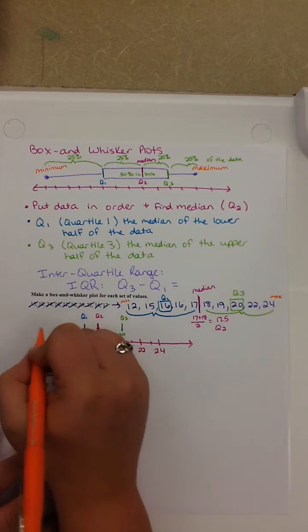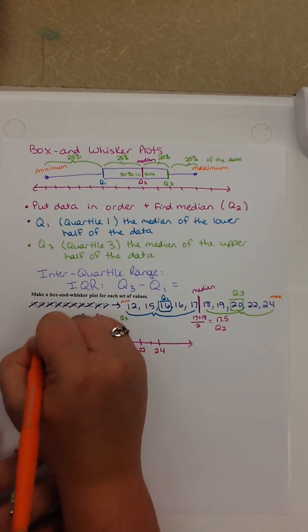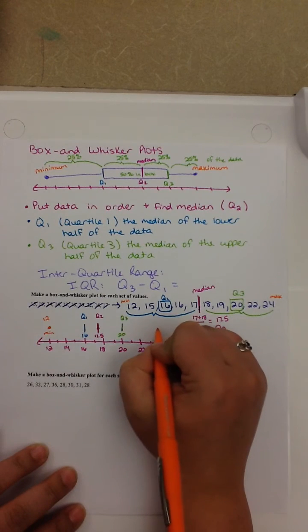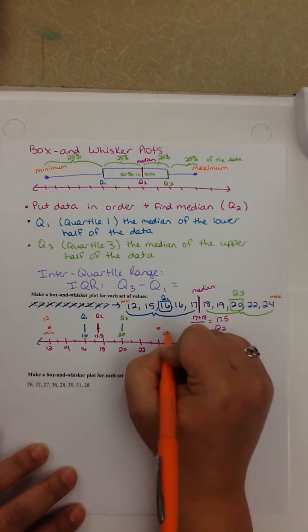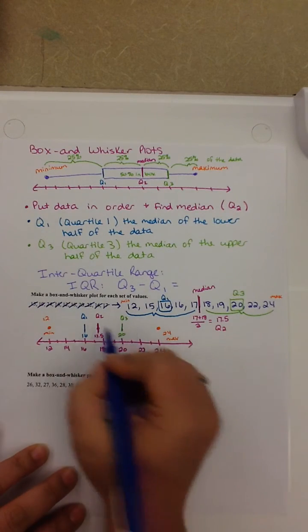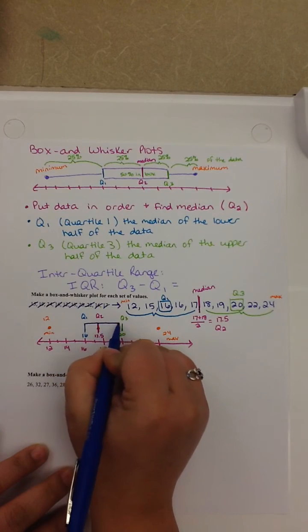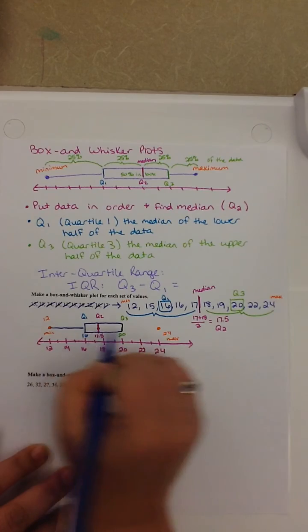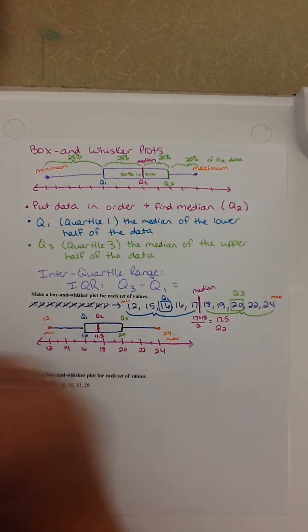And then out here at 12, I have the minimum. And at 24, I have the maximum. Okay, so let's draw all that in. So there's my box. And there's my whiskers.